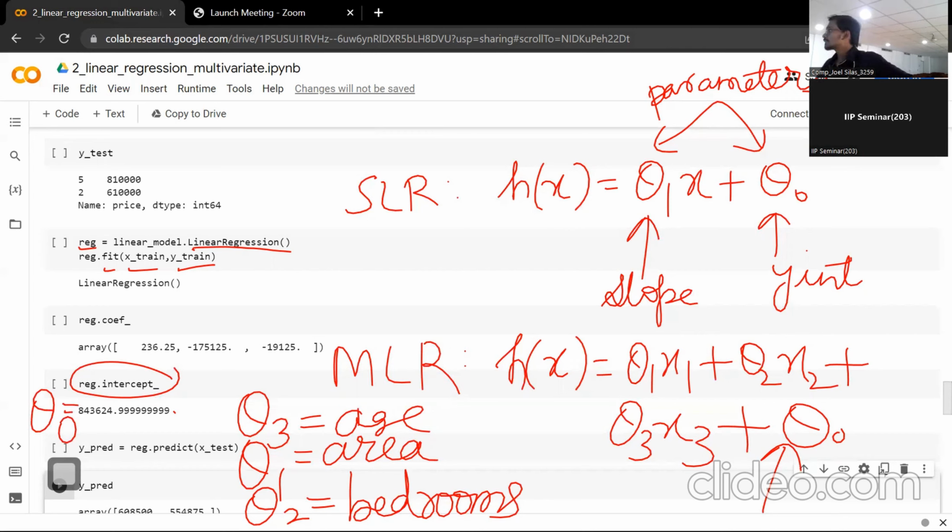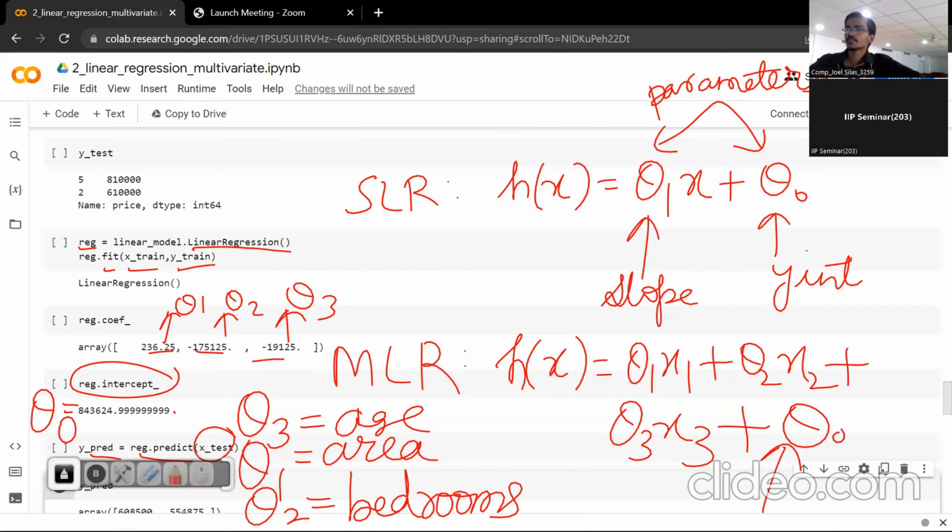And our remaining coefficients are theta 1, theta 2, and theta 3. These three are the coefficients. Hence, we have y pred, in which we will predict based on the testing features.